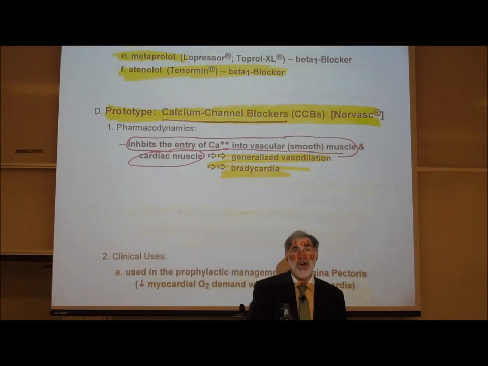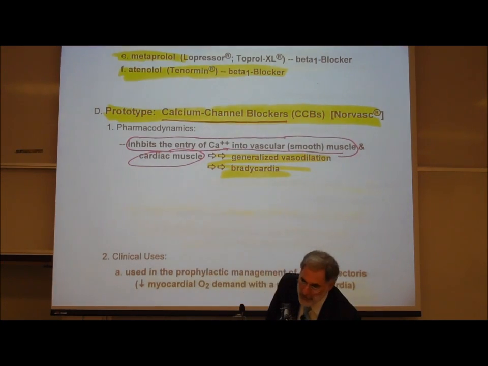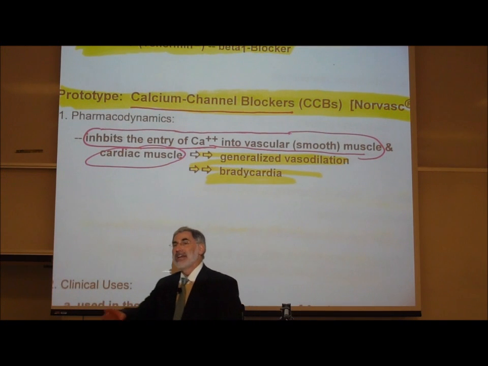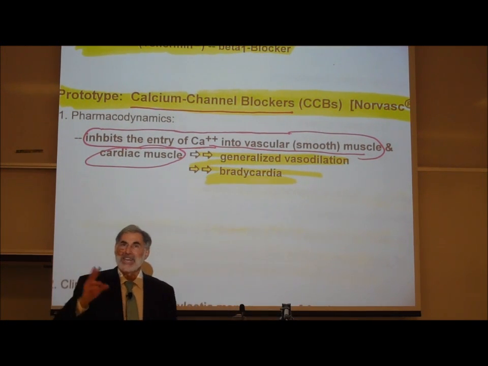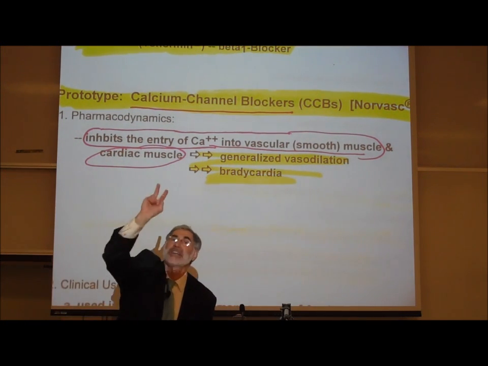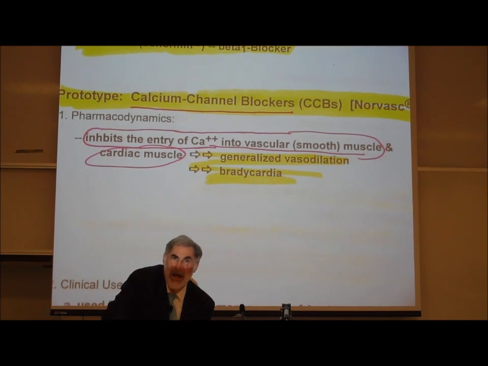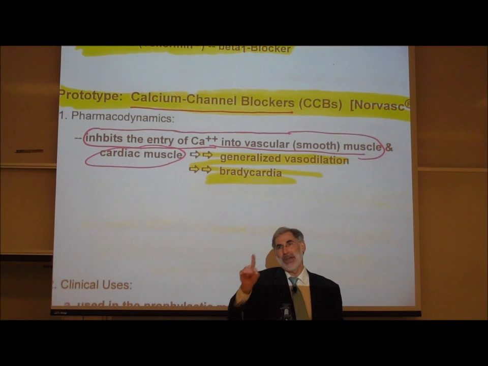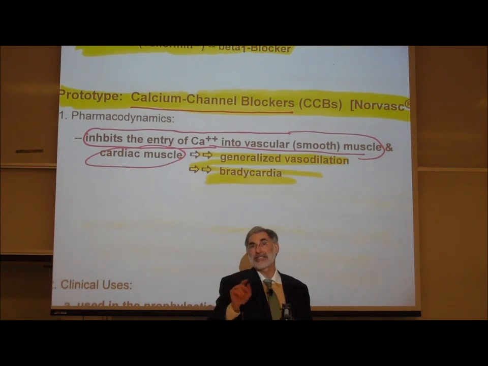It prevents the heart from speeding up. So the reason why calcium channel blockers have been so popular is a patient with angina can either take two drugs, nitroglycerin and a beta blocker, or they can take just one drug, a calcium ion channel blocker, and it does the same thing. Does everybody follow that?